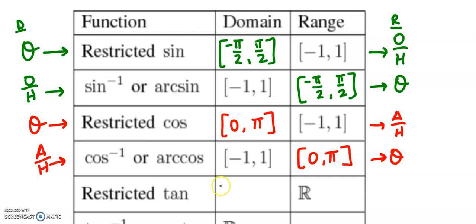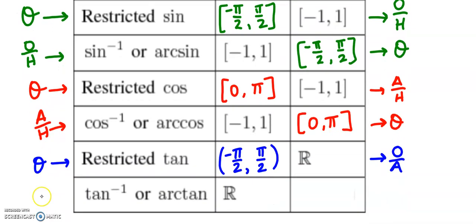Tangent, in goes -π/2 to π/2 for our restricted domain. That was an angle going in. What comes out is a ratio of opposite over adjacent. In goes opposite over adjacent. Out comes an angle between -π/2 and π/2.